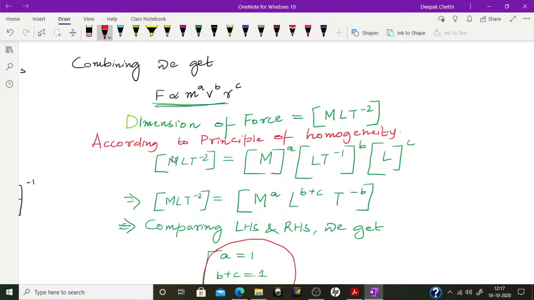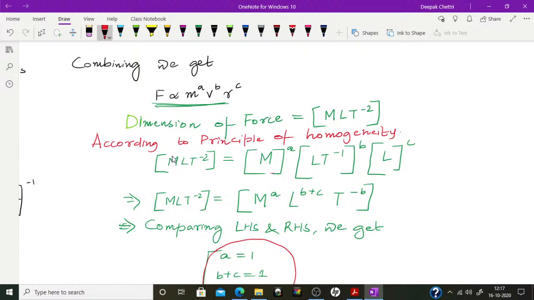Dimension on the left is force, which you already know, it's m l t minus 2. I have written here. But on the right we don't know, because we don't know a, b and c, so we don't know what will be the dimension. That's why I have just substituted the dimension of m, v and r. But since they are equal, whatever power is the power of m should be the same power here.